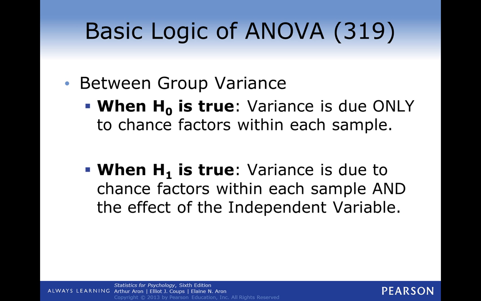If this group received level 1, and this group received level 2, and this group received level 3, if level 3 works better than levels 1 and 2, then you will find that this mean is much different. It's very different, statistically so, than the means for group 1 and group 2.